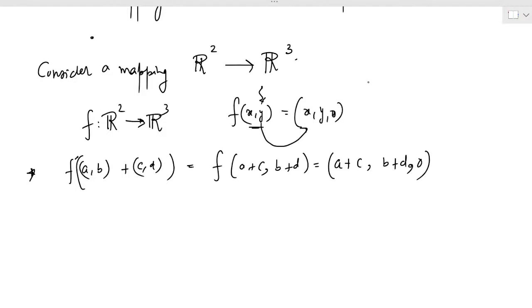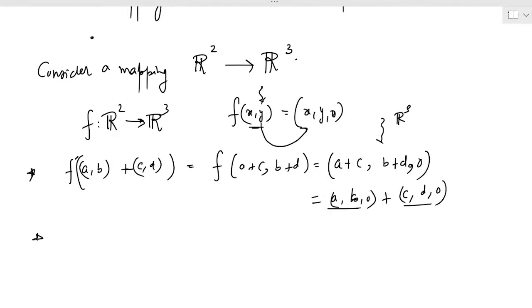So what it is going to do is convert any vector in R square into a vector in R cube. This is a mapping that I'm saying. I'm going to transform a vector in R square to a vector in three-dimensional space. Is that clear? Now I can write this as (a, b, 0) plus (c, d, 0), right? I can write in this fashion also.